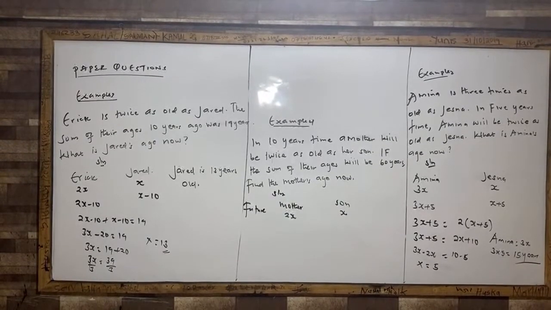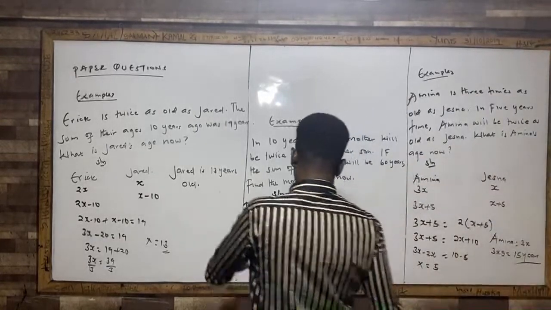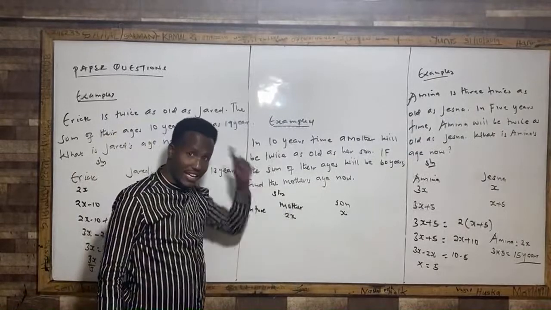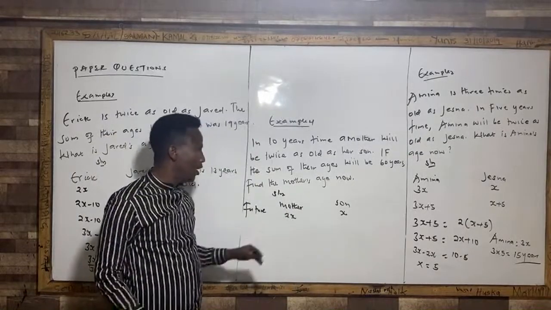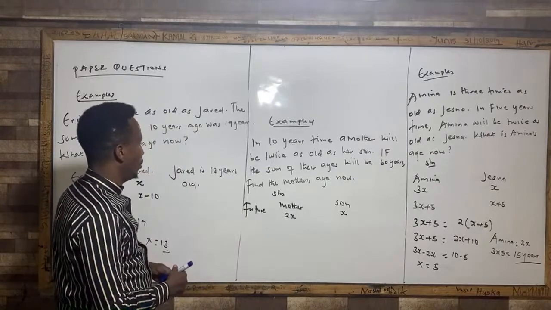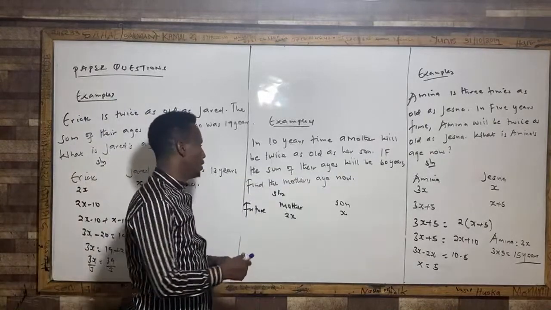There's no problem. Let's go ahead. The mother will be twice in 10 years. This is the future; if I want to come to the present, how will I solve?